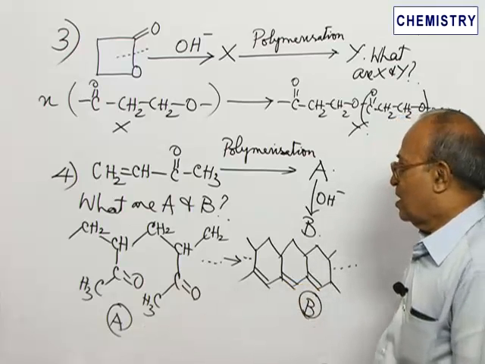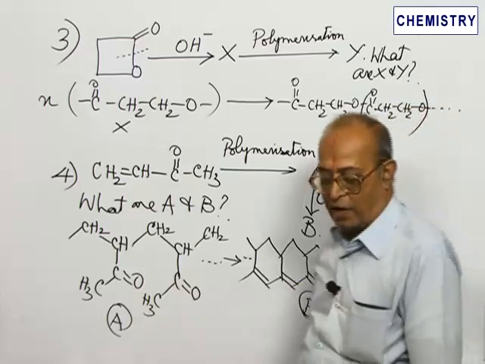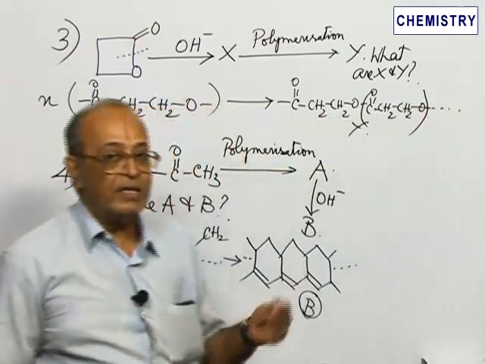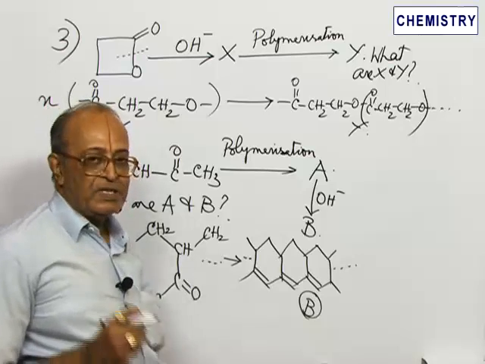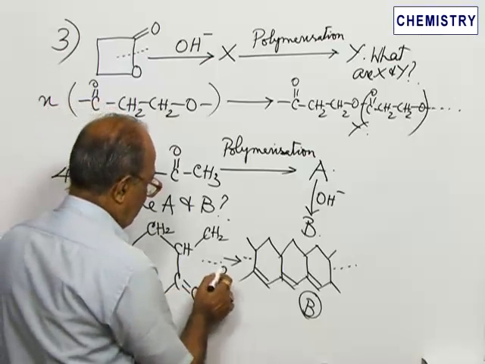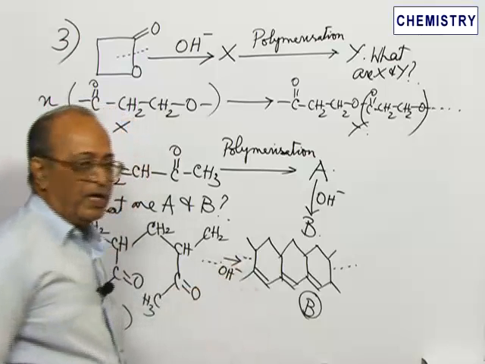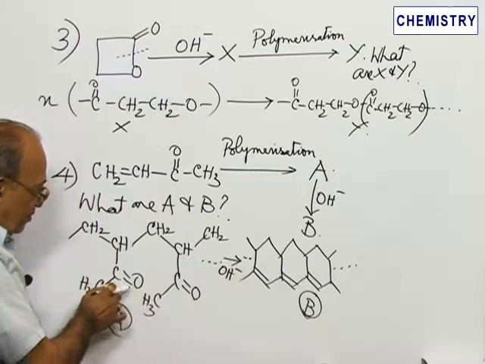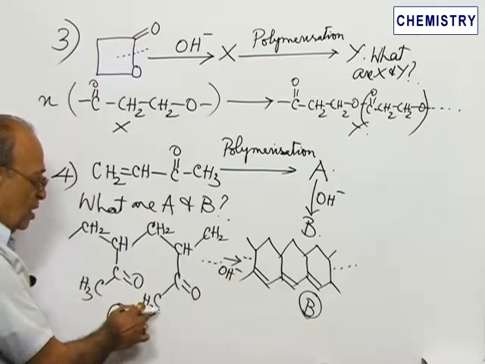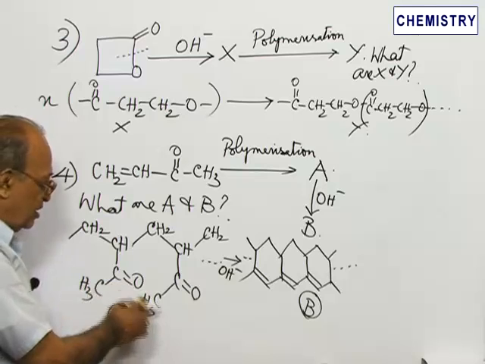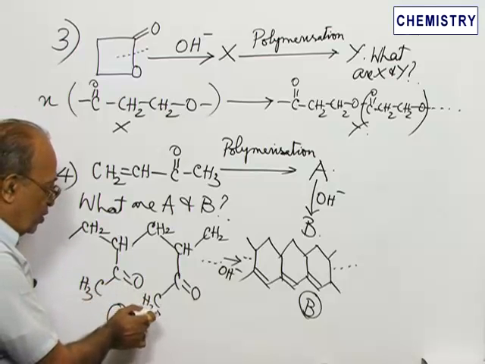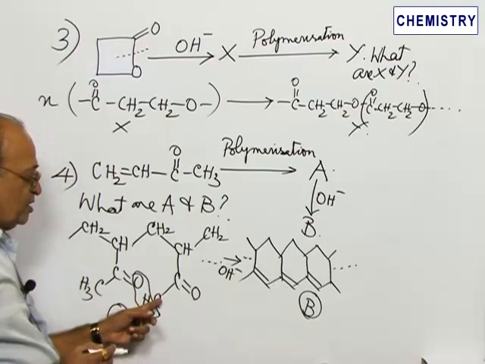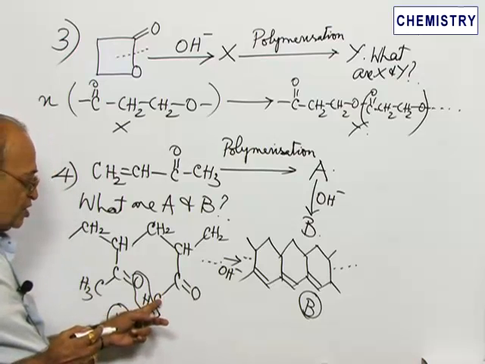All right. What happens to A in presence of OH minus? In presence of a base, ring closure takes place, namely from this CO and adjacent CH3 here, a water molecule will be removed and one hydrogen is attached to this CH.